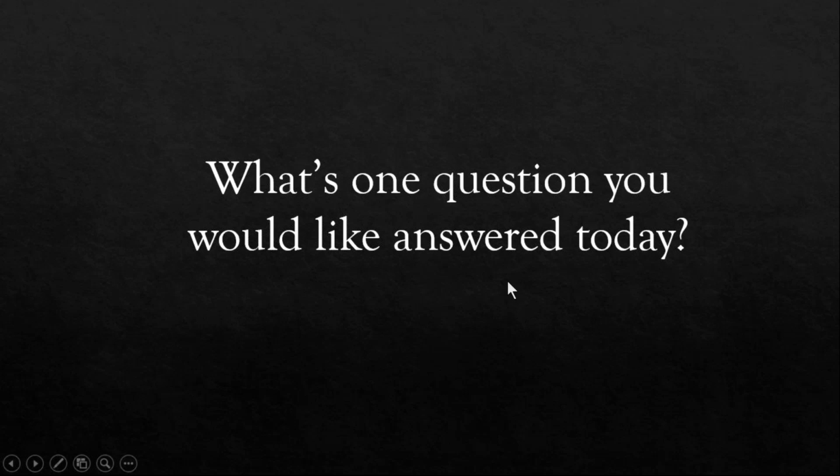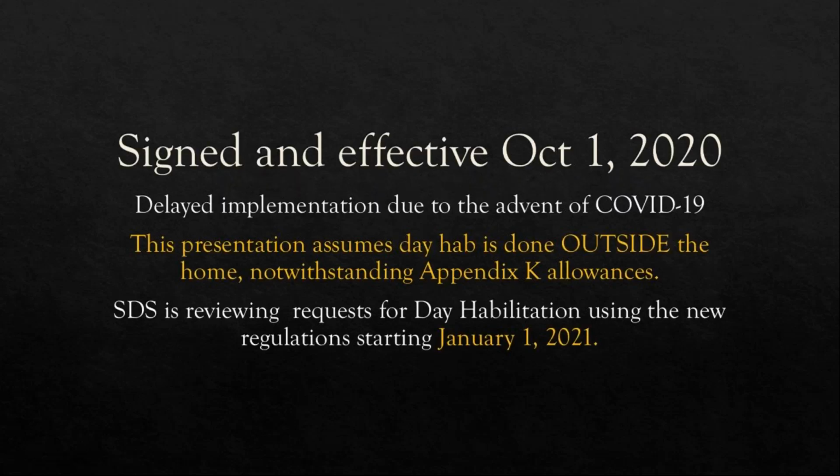So anyway, before I go here, this presentation is assuming that DAHAB is done outside the home, notwithstanding the Appendix K allowances. So I know that we're still having services done in locations, DAHAB done in locations such as in residences, which is not what the regulation allows here, but Appendix K allows it, okay?